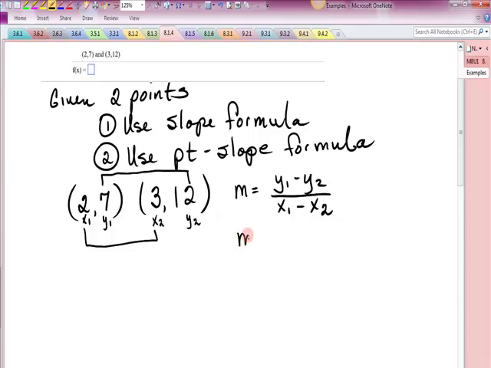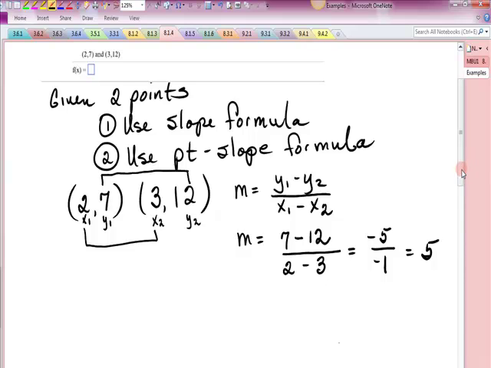So in ours, the slope is 7 minus 12. That's the difference in the y's, over 2 minus 3. So the way that I'm working it out, I get a -5 over a -1, which is 5. If you had chosen to do it the other way, you would get +5 over +1. It would still be 5.